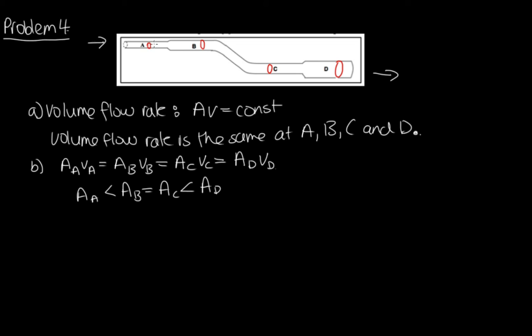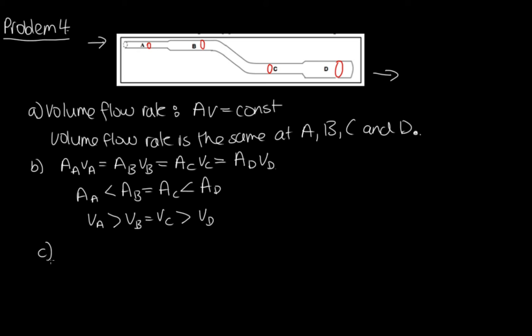So because A has the smallest cross-sectional area, it has the largest velocity. So the velocity at A is greater than the velocity at B, and B and C are equal because they've got the same cross-sectional area, and D has the smallest velocity as it's got the largest cross-sectional area.